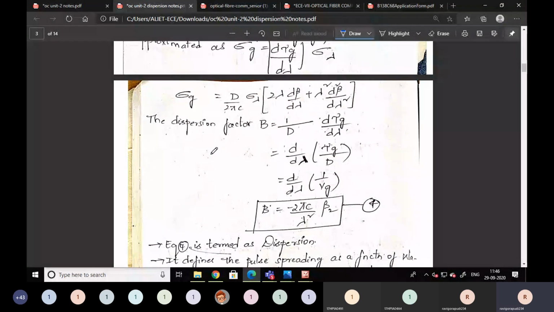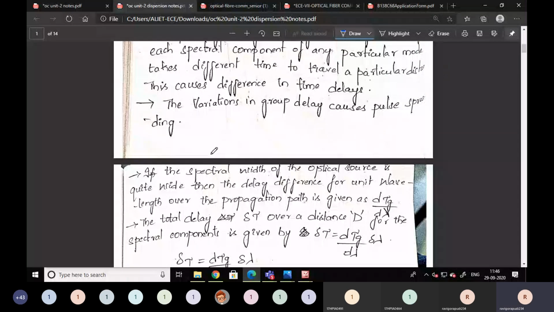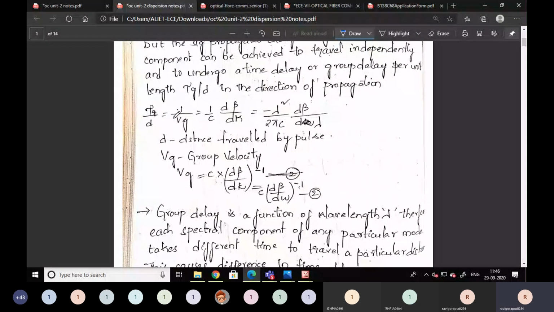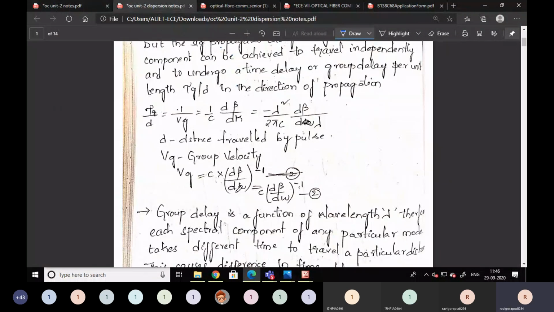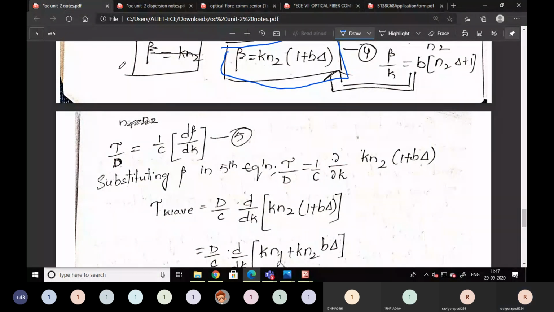From the group delay, we are taking this expression: tau by d is equal to 1 by c into d beta by dk.